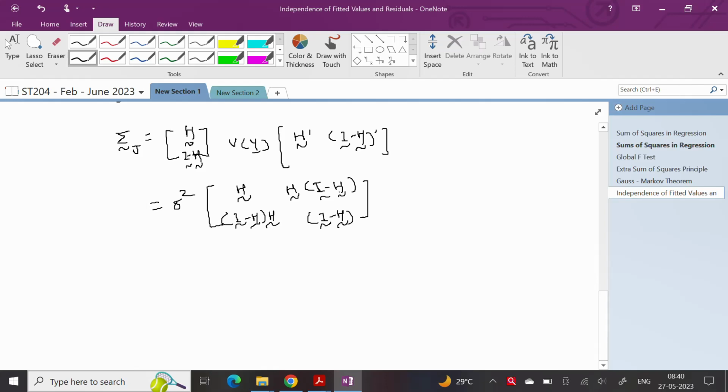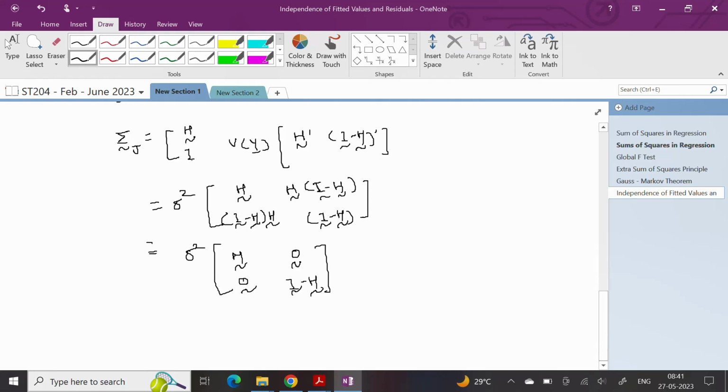If I now focus on the off diagonal part, I will have H into (I minus H), and we know HH is H and HI is also H. So basically I get sigma square times the matrix with H and I minus H on the diagonal and 0 0 off the diagonal. Hence we have proved that the off diagonal entries are 0.